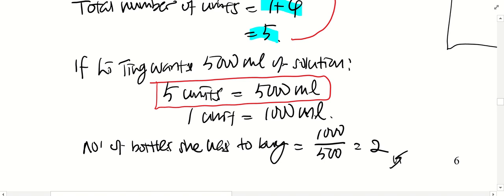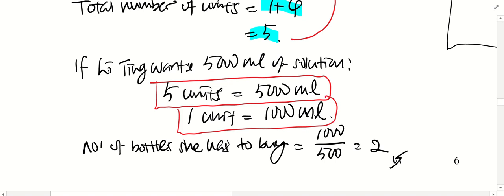And the question asks how many bottles of the concentrated detergent she needs to buy. First, we have to figure out how much of that concentrated detergent she needs in order to figure out how many bottles she needs to buy. So in the ratio 1:4, you need 1 unit of the concentrated detergent. Therefore, I find 1 unit being 1000 milliliters.